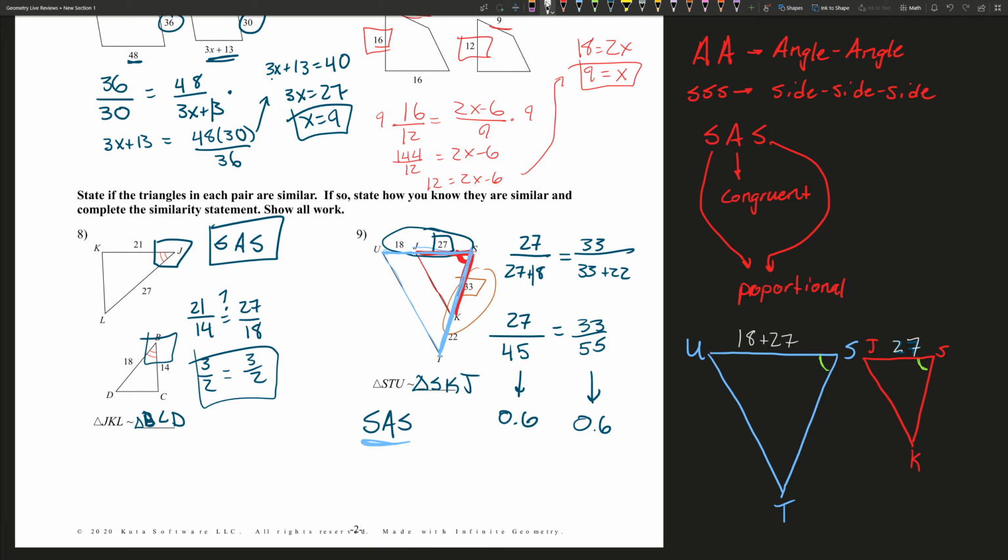This SK side, that's 33. And then all of ST is 33 plus 22. Because SU is made up of SJ and then something else, and ST is made up of SK and something else. So on the blue triangle, there's a little bit more than what's on the red triangle.